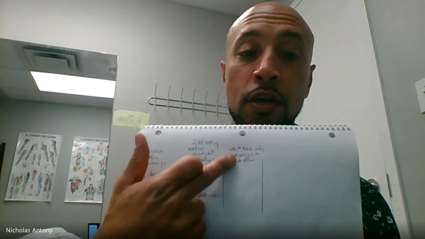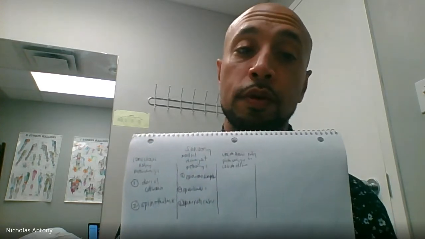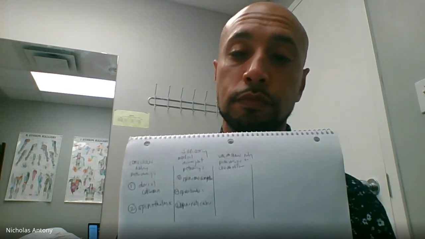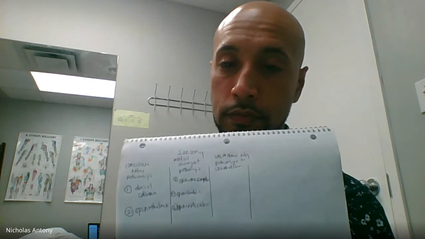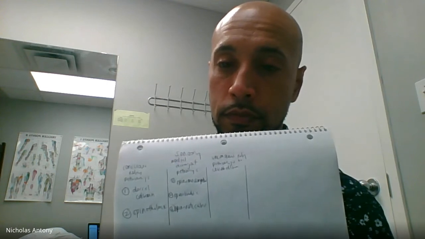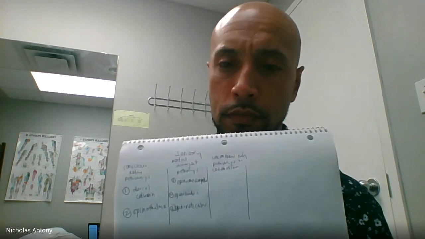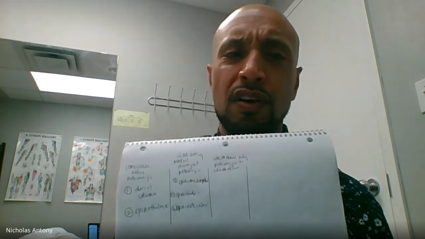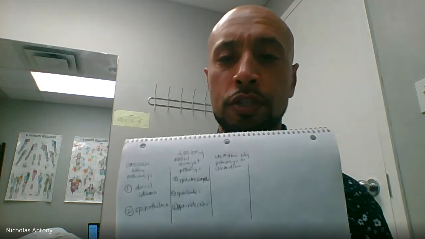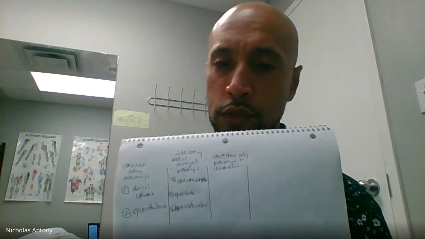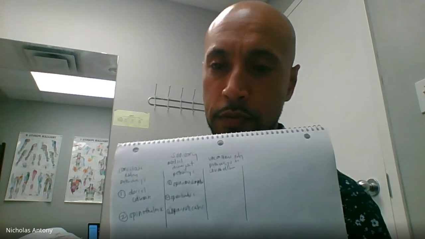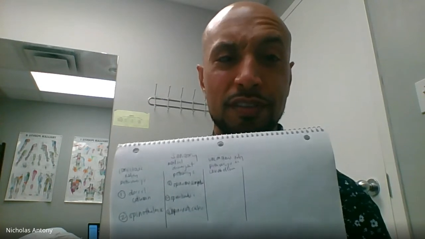So then on this column, what are the unconscious relay pathways to the cerebellum? Sahar says, if there's a question, we have to write it down. The textbook calls it spinal emotional.